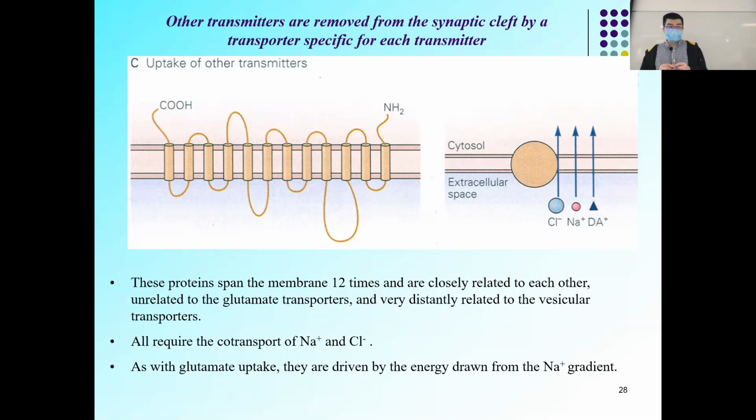If the drug targeting the transporter is not specific, then it can affect different transporters because they are highly similar. So when you look at some of the drugs, when you do the project, you will see that some of those are quite not selective.